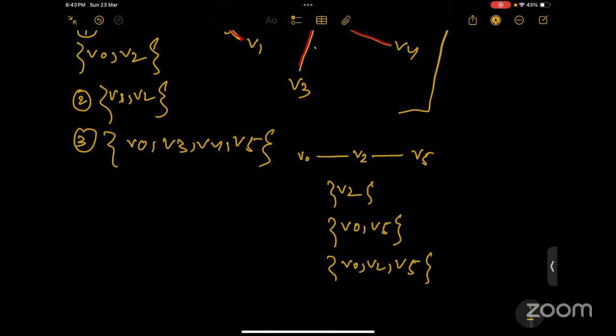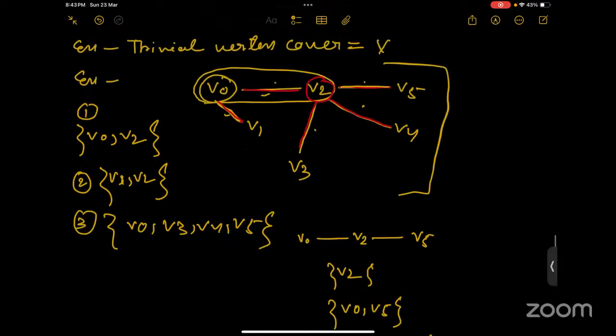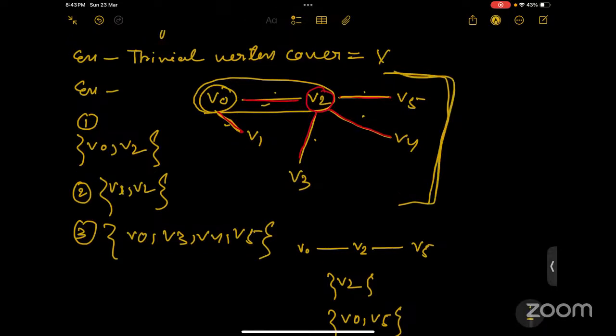We can take any possibilities, but suppose in this graph I take V0 and V5. Is this a cover? No, because V3 and V4 will be missed, and V1 would be missed too. If I take V0 and V5, we can only cover this edge and this edge.